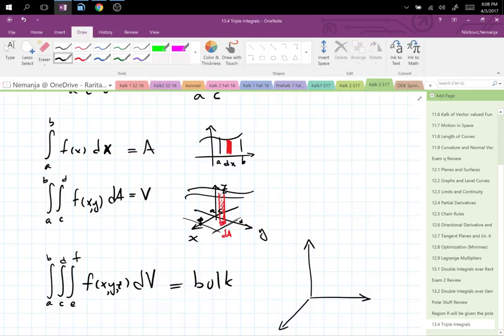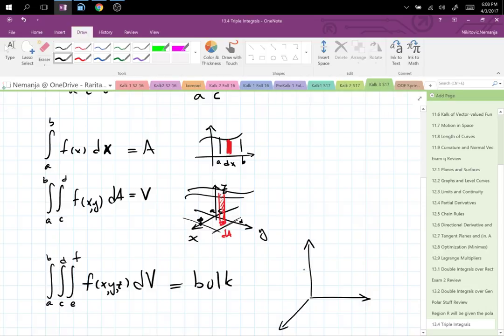Otherwise, it wouldn't exist. So we clearly build this up from 1 dimension into 2-dimensional area, into 3-dimensional volume, into 4-dimensional bulk. And just extrapolating in mathematics, you can go to any number of dimensions, even though we have no application for it.